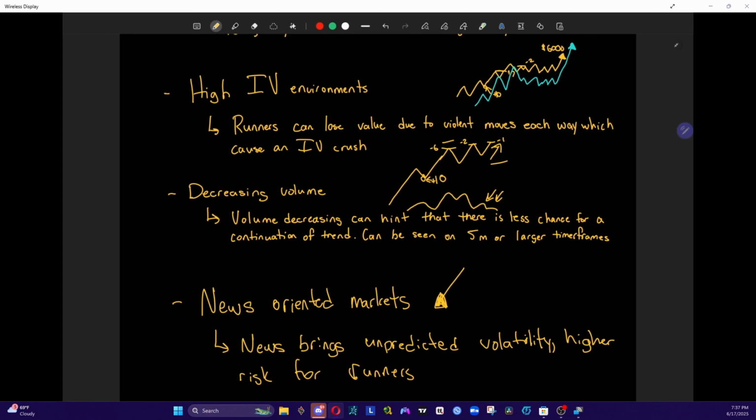We're going to be talking about part 2, which is how to hold runners. I was going to talk about certain things such as IV, what kind of IV ranks and IV environments we want to be in, stop losses, static stop losses, trailing stop losses, and possible indicators you can use to help with momentum, whether it's volume, moving averages, or something else.